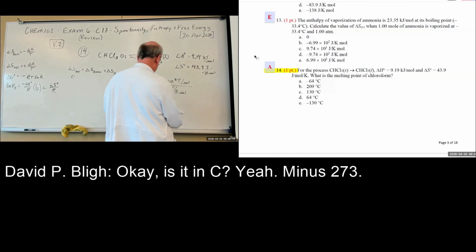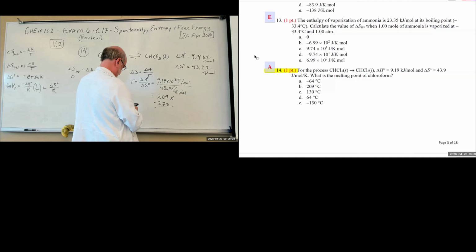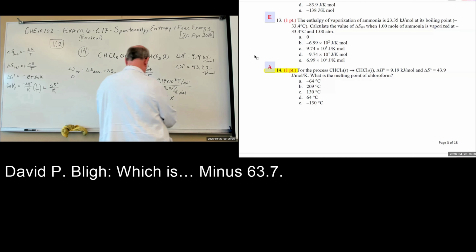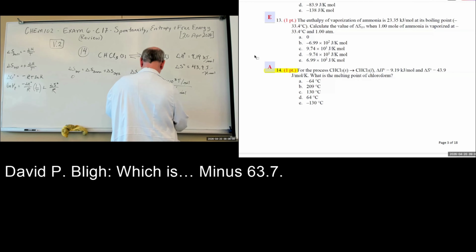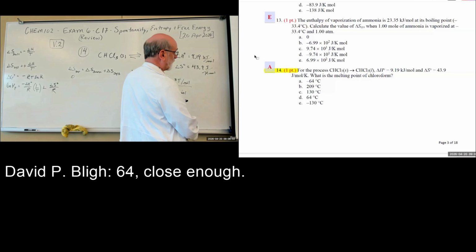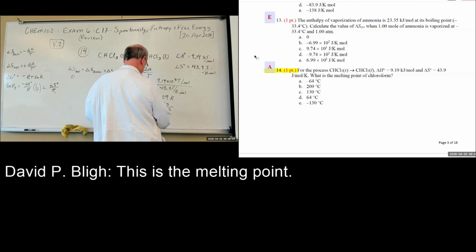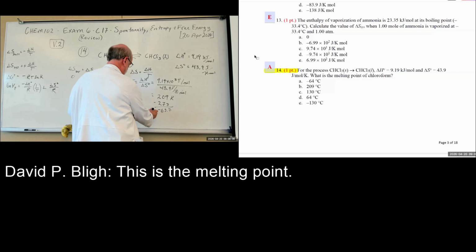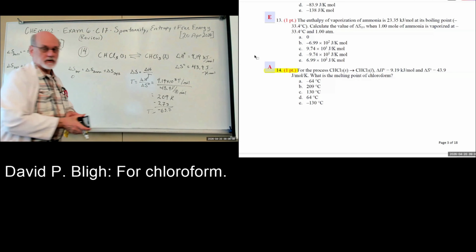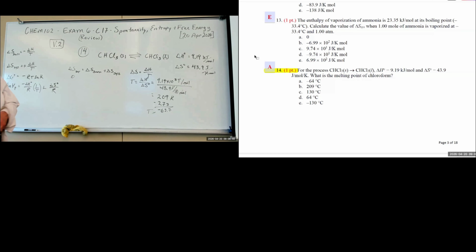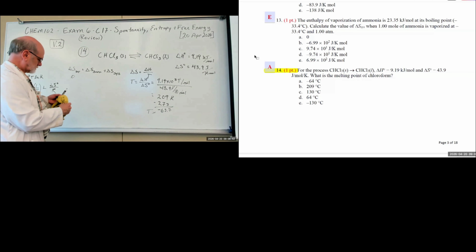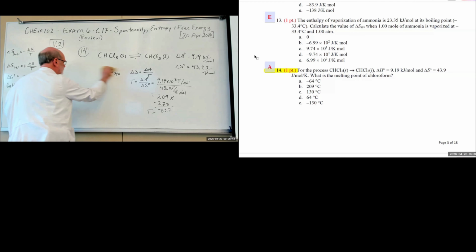K, is it in C? Yeah. Minus 273. Which is minus 63.7, 64, close enough. This is the melting point for chloroform. All right.